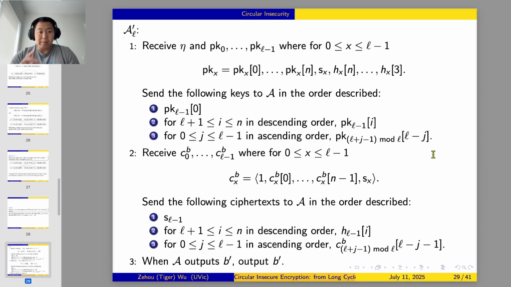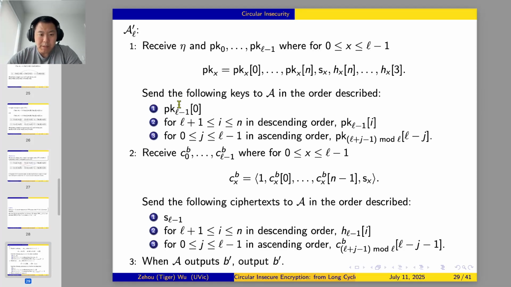So A prime L playing the L circular game would receive L keys PK0 up to PKL-1. And then it would parse each of the PK into PKX0, PK all the way up to PKXN, SX, HXN, all the way down to HX3.